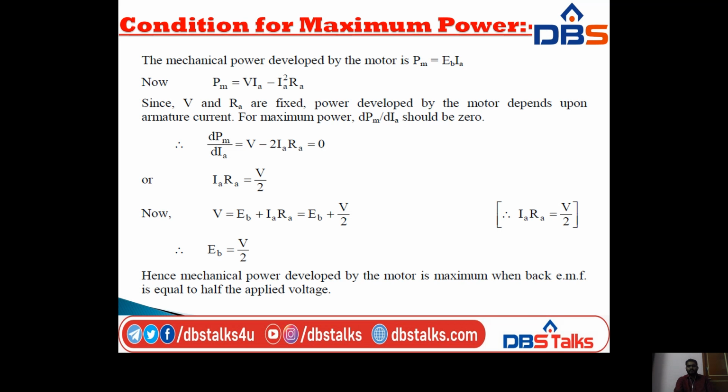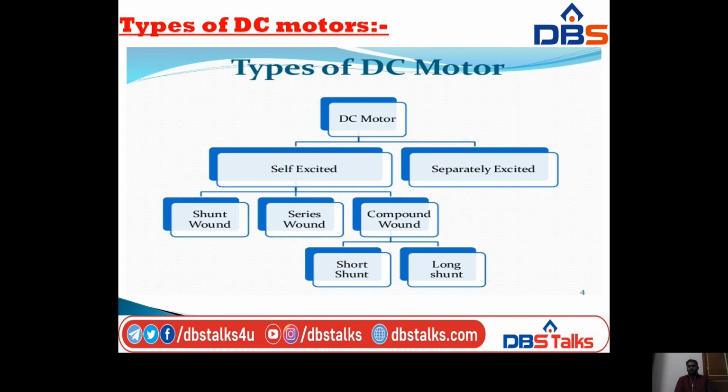And next, coming to types of DC motors. Actually, we discussed this topic in DC generators also, where we discussed different types of DC generator. Likewise, here also we will discuss types of DC motor. Types of DC motors are classified into two types, self-excited DC motor and separately excited DC motor.